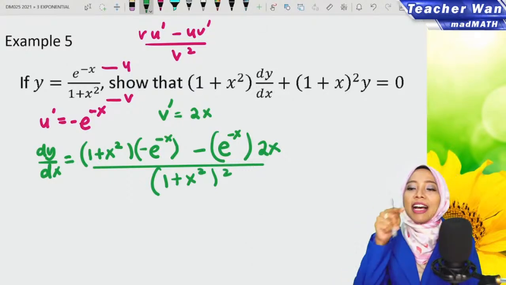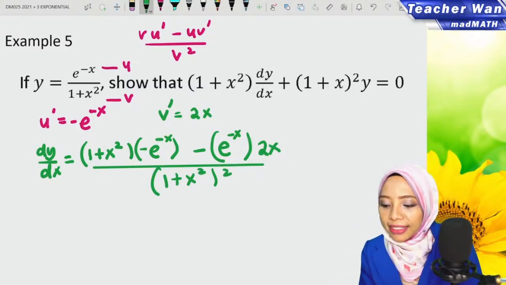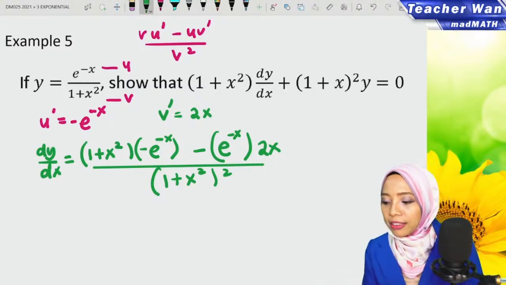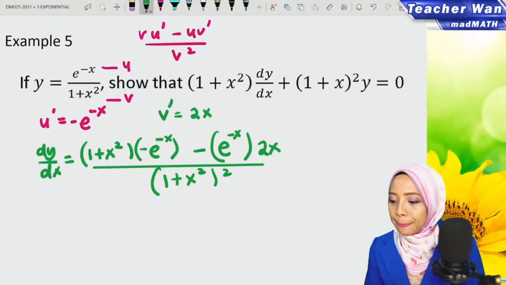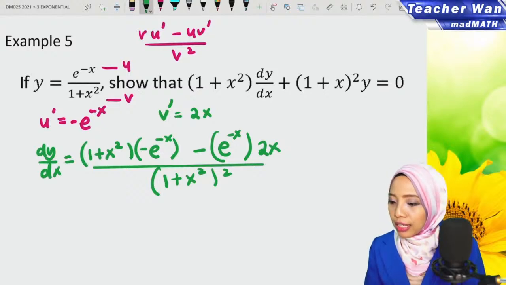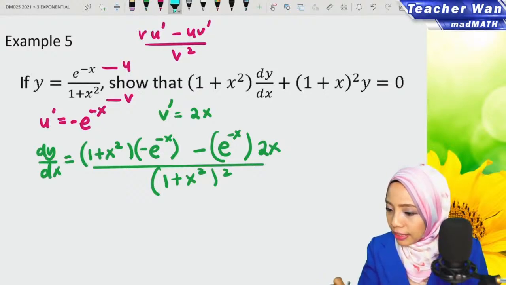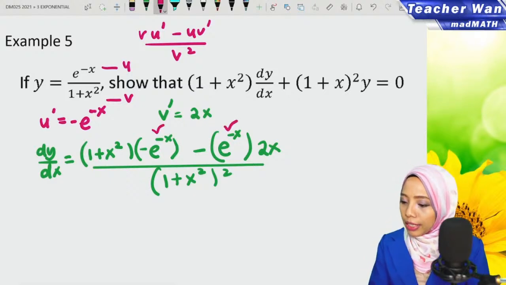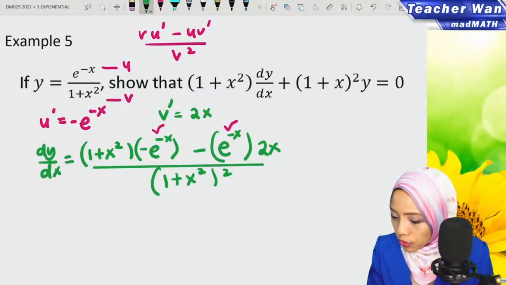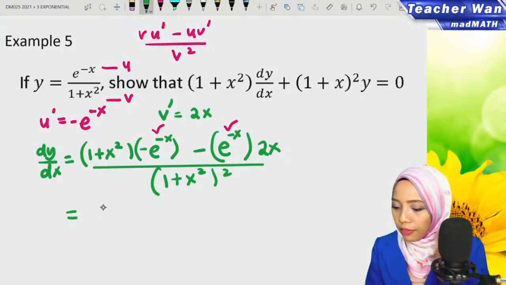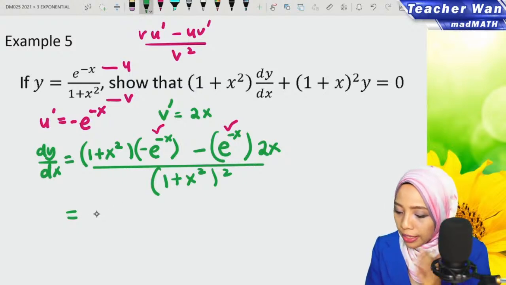Okay guys, what is the same? Is there any common factor here? If there is any common factor, we have to factor it out. So we have this in common. e to the negative x, you can take out the negative, or take out the positive as well.